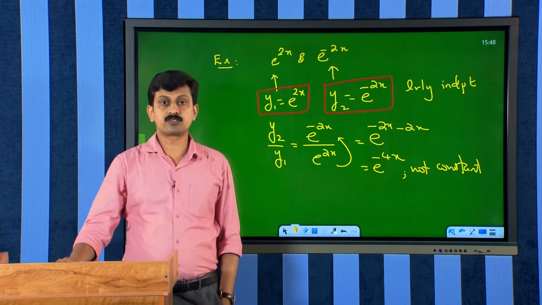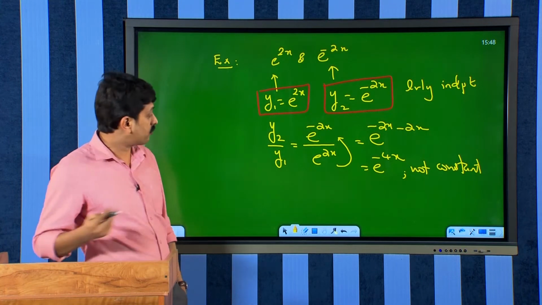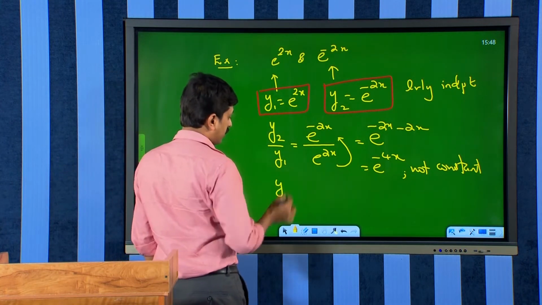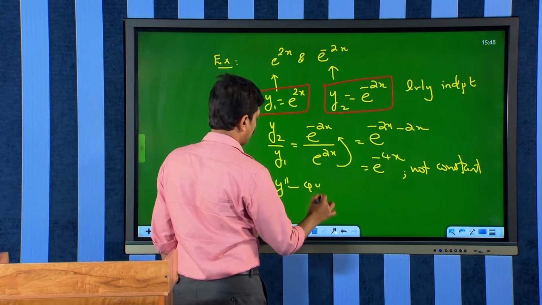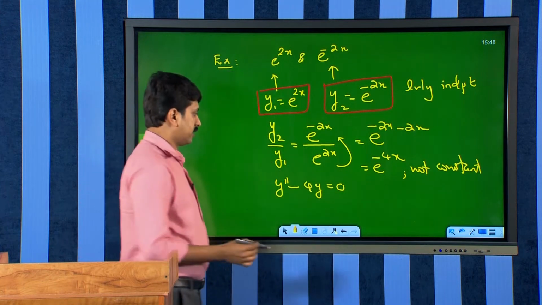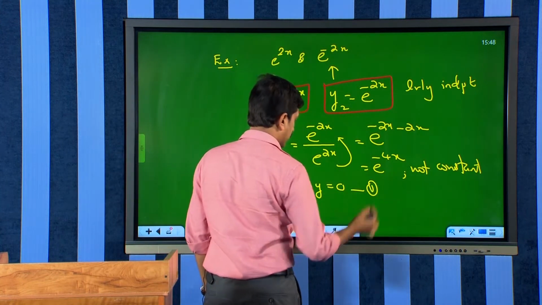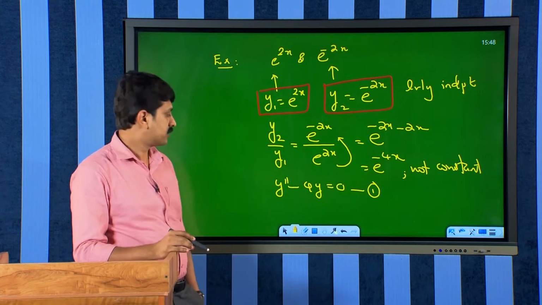See, my dear students, one more thing I would like to say: I would like to consider a differential equation y double dash minus 4y is equal to 0. This is a second order homogeneous linear differential equation.